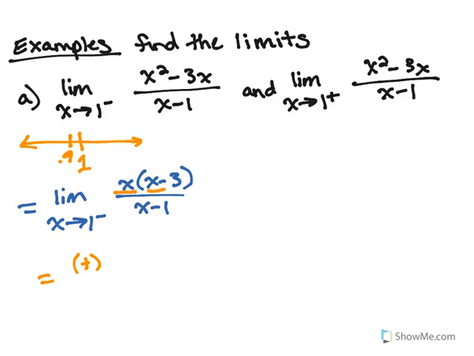If I plug a 0.9 into my x minus 3, we're going to get a negative number. If I plug a 0.9 into my denominator, we're going to get a negative number. And a positive times a negative divided by a negative is a positive, right? So this is going to positive infinity.